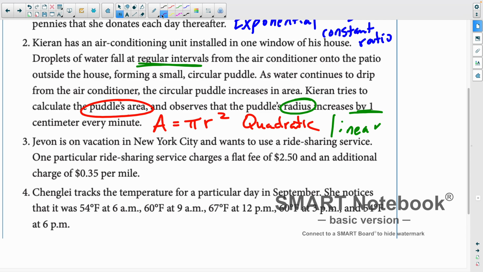Number 3 is pretty straightforward. What's number 3? Linear. What is this? You're gun shy now.